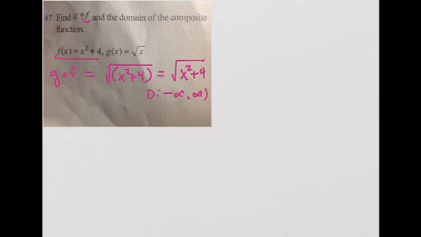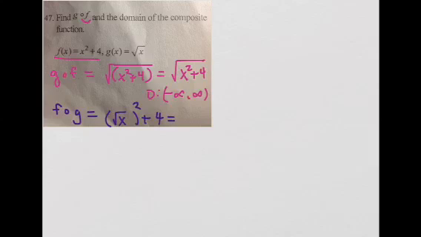I know this is not in your review, but I do want to go ahead and show you if they asked you for f of g and domain, then the g is the inside function. So you would take the f and substitute in place of the x the square root of x.